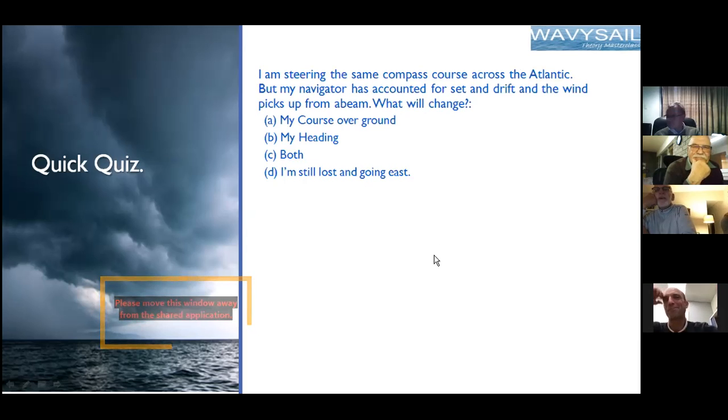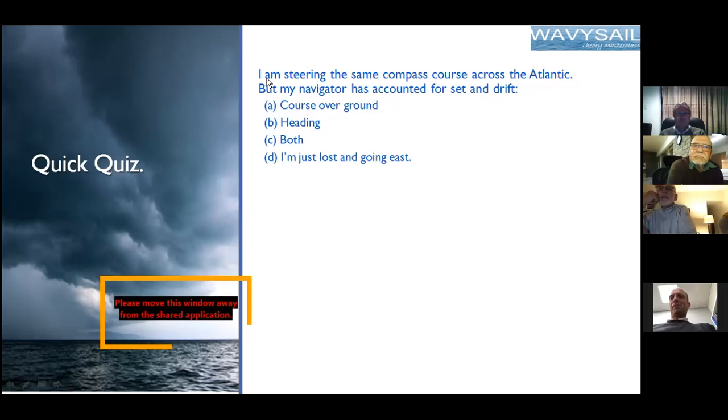Okay, so next question. I am steering the same compass course across the Atlantic, across Table Bay, wherever I am, but my navigator has accounted for certain drift.